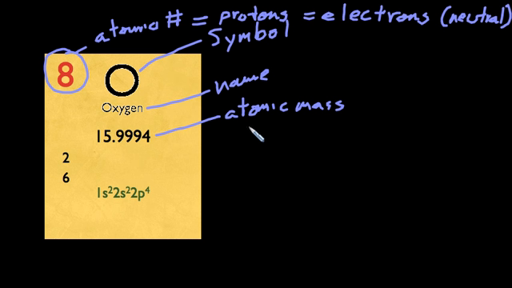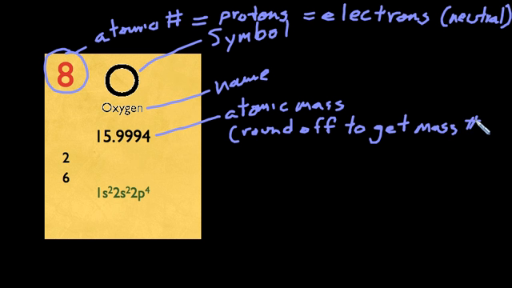So, the rule is for that, round it off to get the mass number. So, the mass number of basic oxygen is 16. Okay.